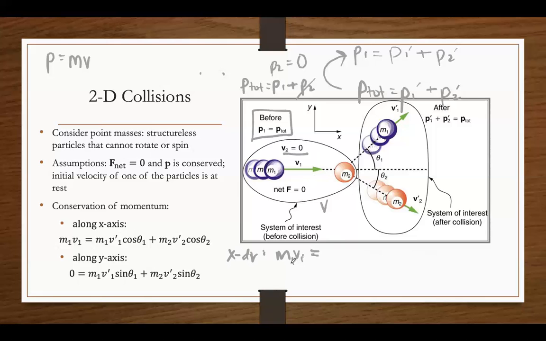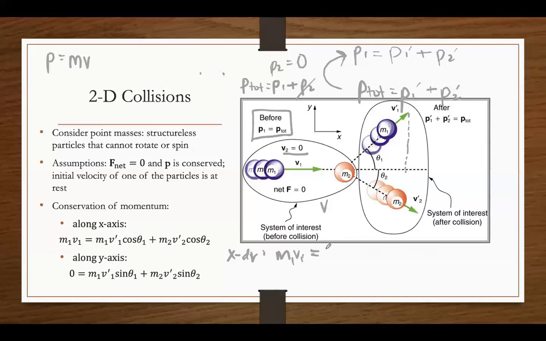Now, after my collision, if I want to know what my P1 prime is, I need to figure out my X component here. We're looking at this triangle, and we're given some theta 1.